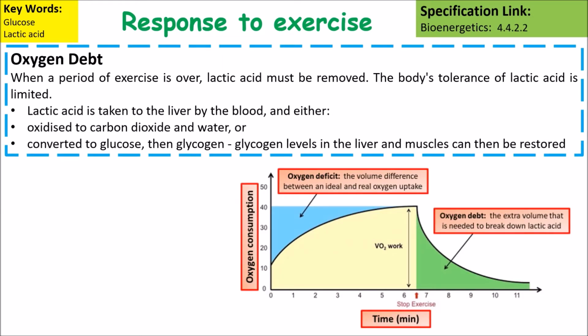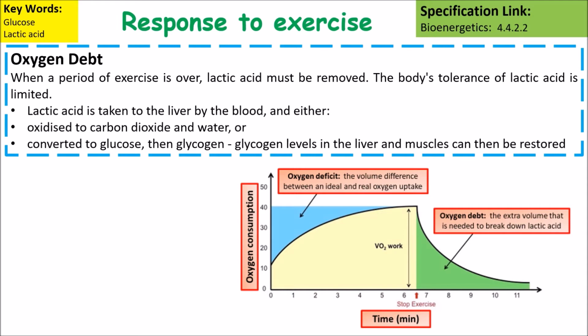When a period of exercise is over, the lactic acid must be removed, as the body's tolerance to lactic acid is limited. Lactic acid is taken to the liver by the blood and either oxidized to carbon dioxide and water, or converted back into glucose, then glycogen. Glycogen levels in the liver and muscles can then be restored.